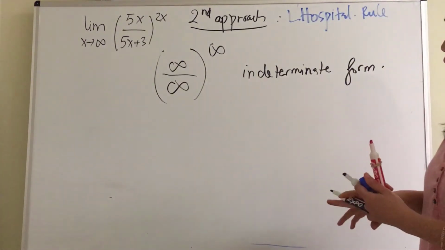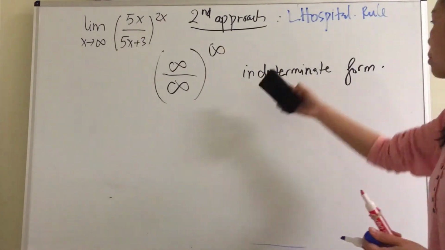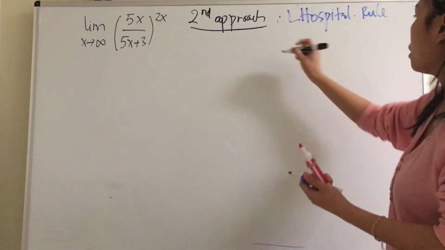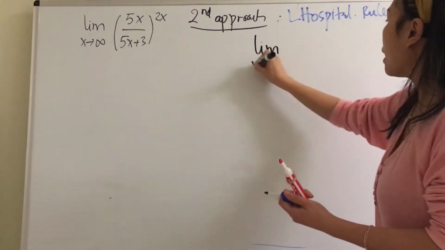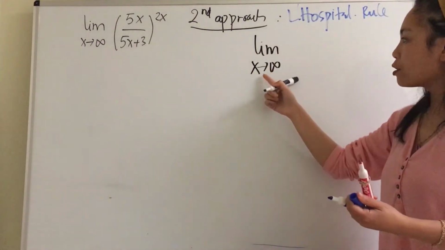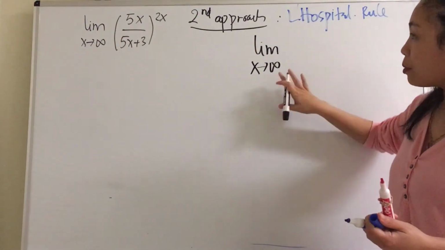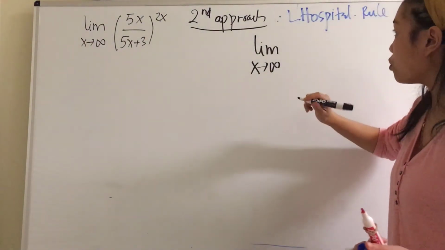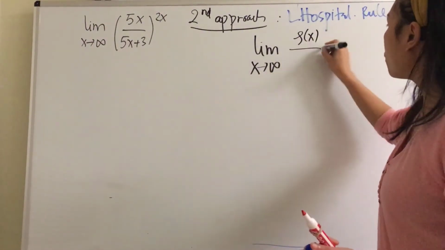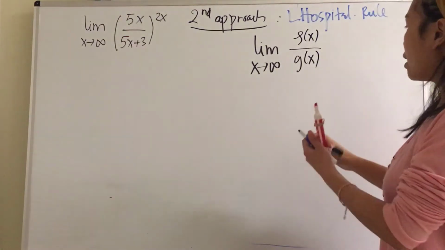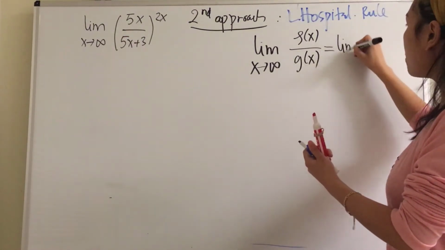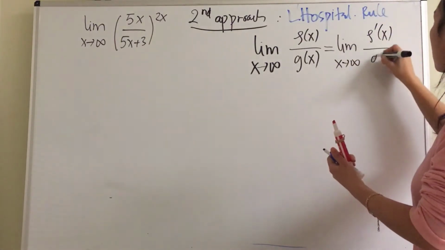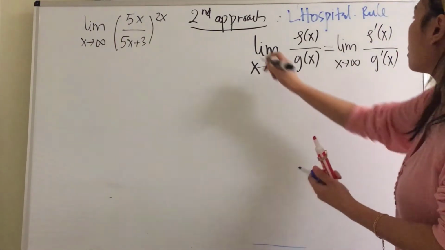So let me recall L'Hospital's rule. I'm going to erase this one. L'Hospital's rule says that the limit as x approaches infinity, here I can use x approaching a or any number, but because we are dealing with limits at infinity, I use the limit as x approaches infinity of f of x over g of x, is equal to the limit as x approaches infinity of f prime of x over g prime of x. You see that?